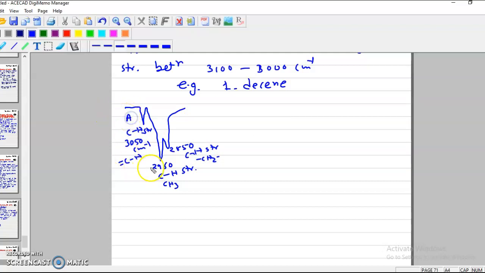So we have A band, this is B band, this is C band, and there may be one band like this at 1645 centimeter inverse. It is due to C double bond C stretching. This is D band. Next will be at 985, which is CH bending out of plane.